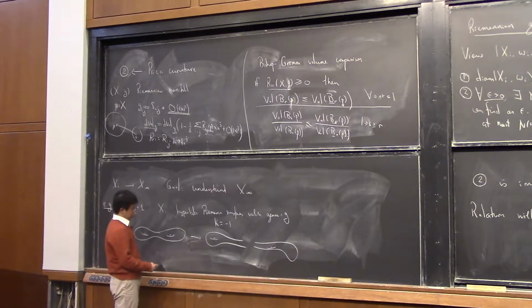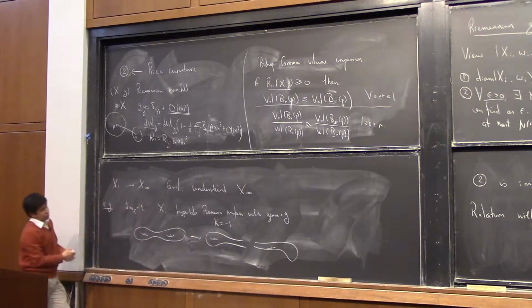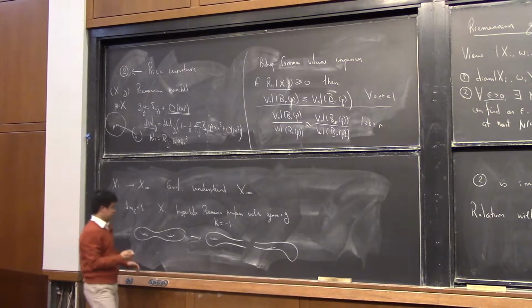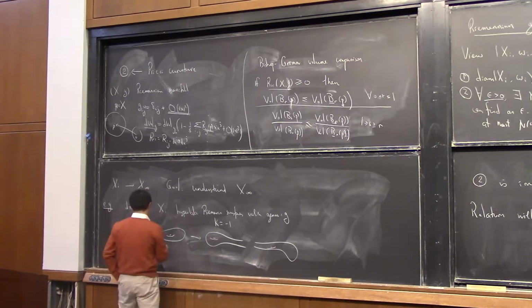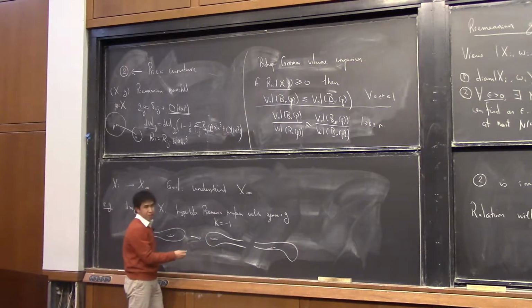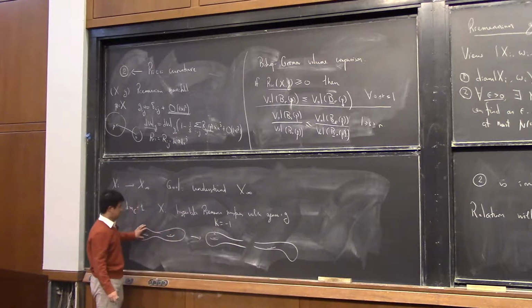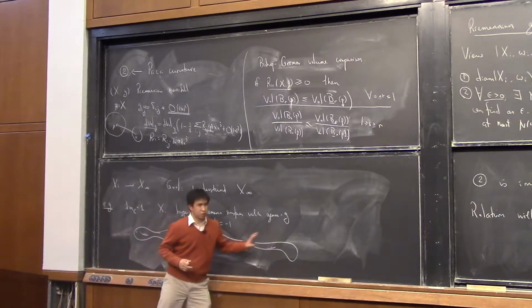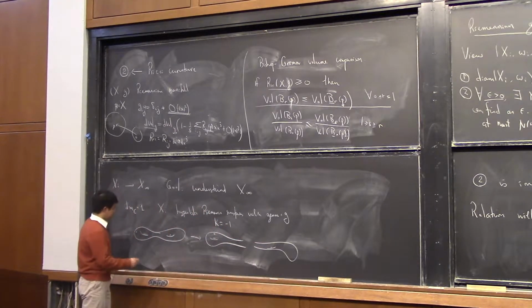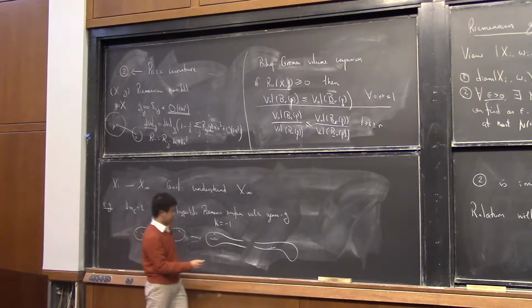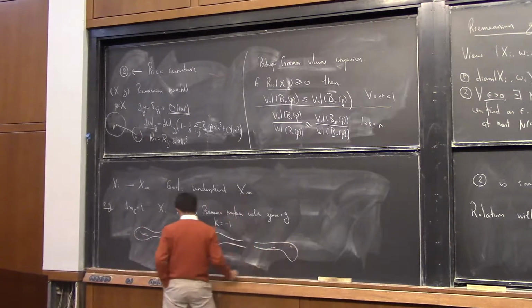So if you use that machinery, the Gromov-Hausdorff limits, what you see depends on where you put the base point. If you put the base point here, you will see this part as a limit, because this part diverges to infinity. And if you put the base point here, then you will see this part.